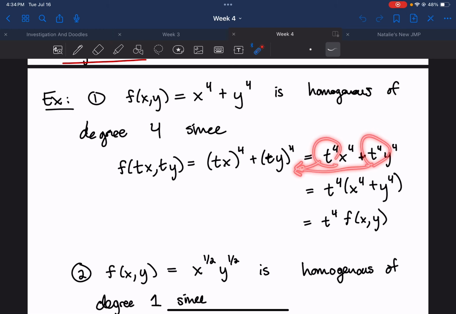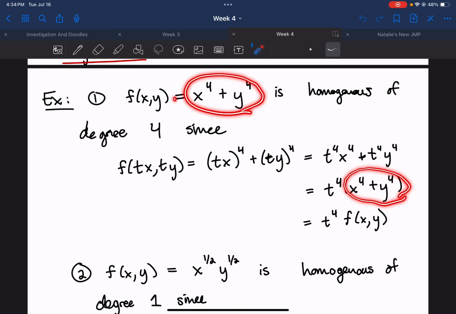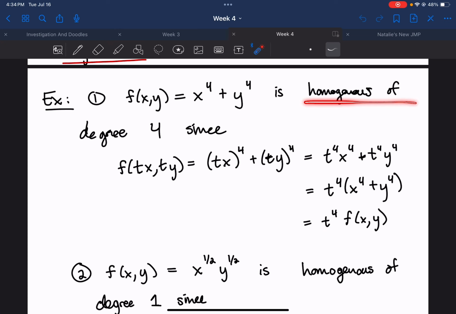You get t to the fourth times x to the fourth plus y to the fourth, and this term here is f of x and y. So f of tx, ty is t to the fourth times f of x and y, which means this is homogeneous of degree 4.